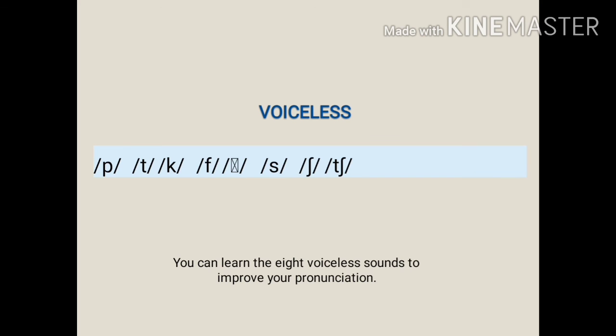Here are the voiceless sounds p, t, k, f, th, s, sh and ch. You can learn these 8 voiceless sounds to improve your pronunciation. Not only these 8, but for all the pronunciations you can try to pronounce them the proper way, and to improve your English pronunciation you must study all the voiced and voiceless sounds.